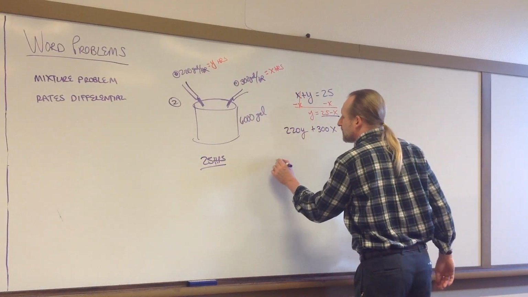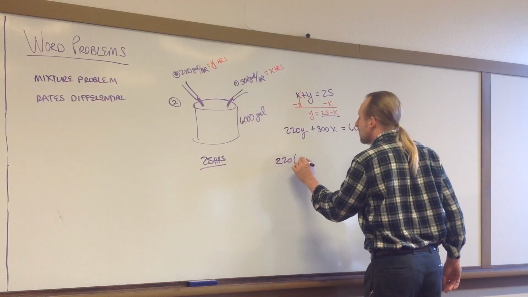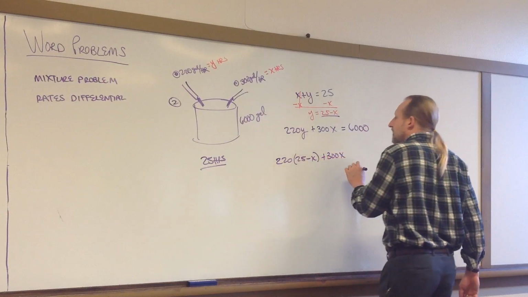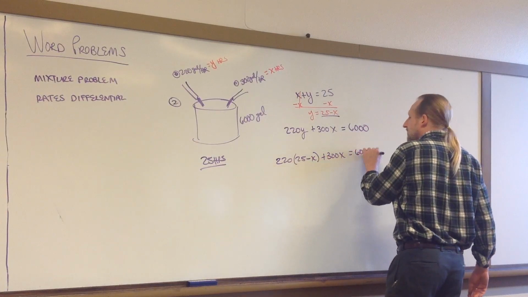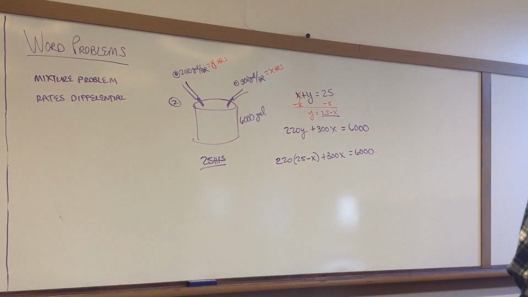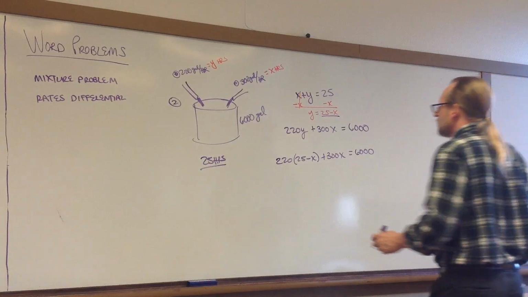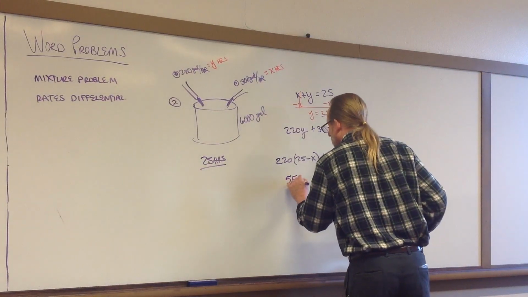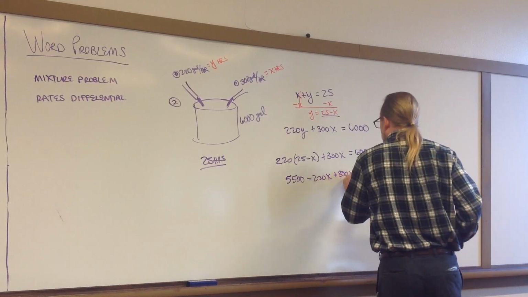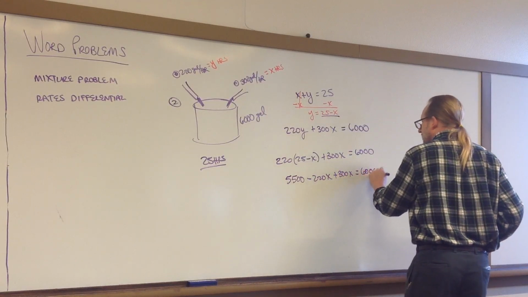Now we've got to make that substitution. 220 times 25 minus X plus 300X equals 6,000. So 220 times 25, yeah, 5,500, minus 220x plus 300x equals 6,000.